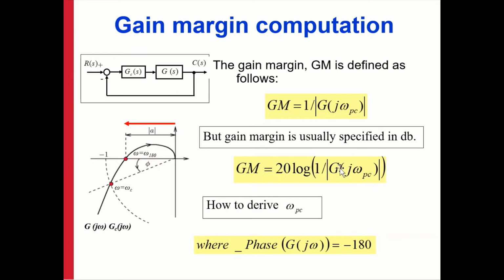We could work it out using Bode plots, and it always occurs when the phase is -180. Or we can just work out 1 over the modulus of the gain at this point here. They have two little symbols in here. This is PC, the phase crossover, and this one here is called the gain crossover.